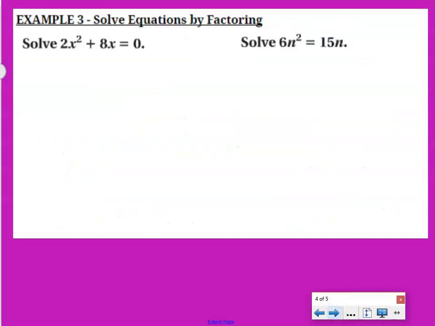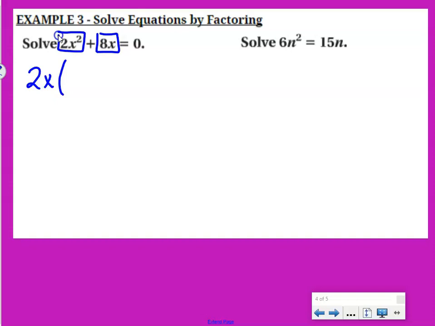So now we're going to use this process to solve equations. We want to factor first and then solve the equation. So we have to factor 2x squared plus 8x. We can take out a 2 from both 2 and 8, and we can take out an x.